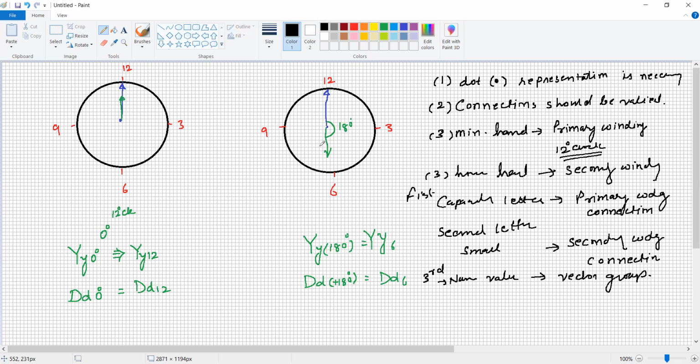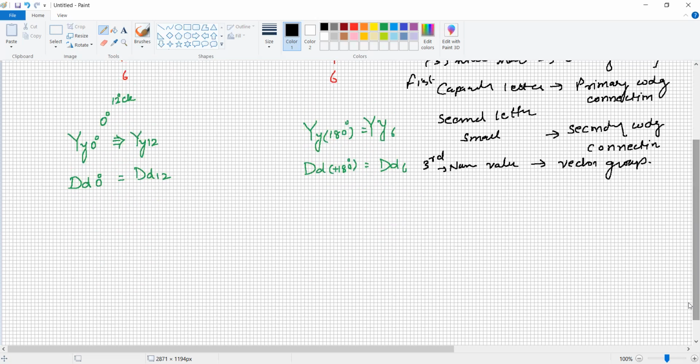See here, these are 3 windings: A2, A1, B2, B1, C2, C1. Don't forget to indicate which are the similar polarities.